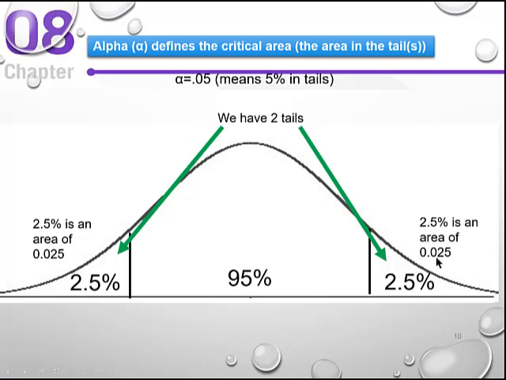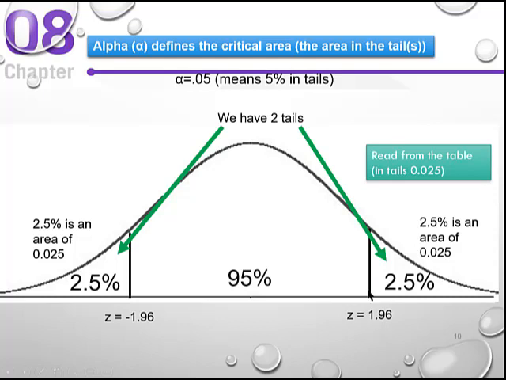Well, now we just go back to our table, just like we learned in class. What Z-score goes with this area in the tail? So just go backwards again, find this area in the tail, and you will see that for 0.025, you read a Z-score of 1.96 right here, and, because it's below the mean, negative 1.96 right here.